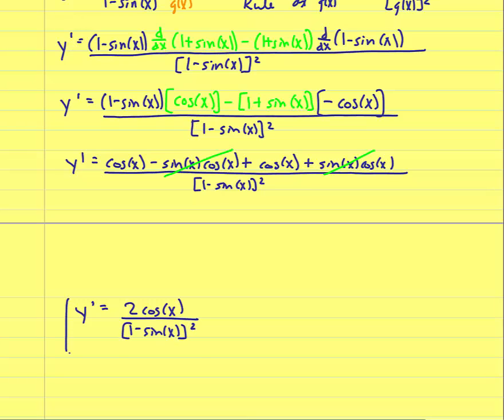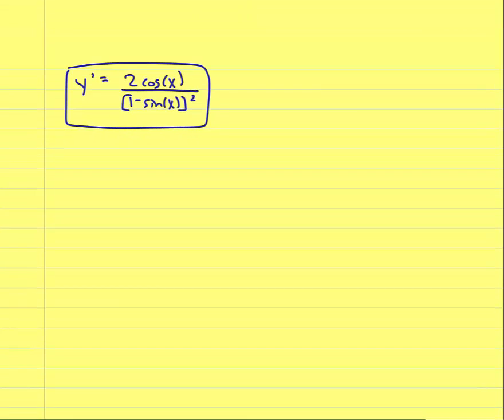So this would be my derivative, and again the derivative is the slope of the tangent line at any point along the curve. So I could find the equation of a tangent line if I wanted to from this formula. So these are just a few examples of how we can find and use derivatives using our trig functions. Now we also have higher order derivatives that we can find, but we'll look at those in just a second.